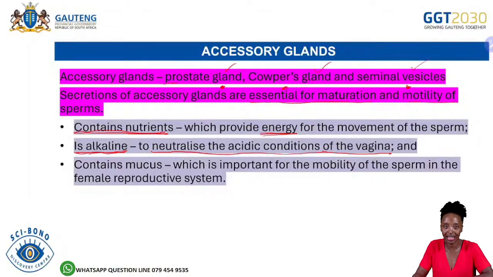So to be protected from being killed by the acids, the alkaline neutralizes the acidic conditions, not only in the vagina, but also in the urethra. Remember, the urethra transports from the male out into the female body. That same passage where the urine passes is also acidic. So the alkaline will protect the sperm cells.